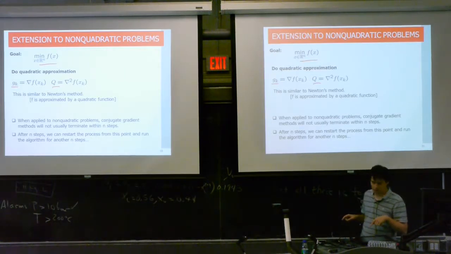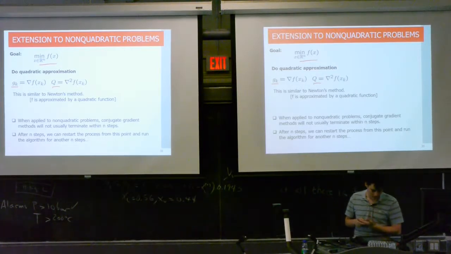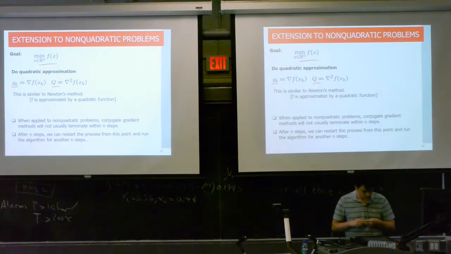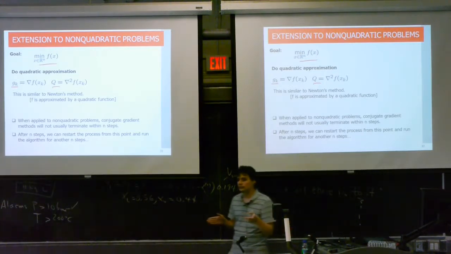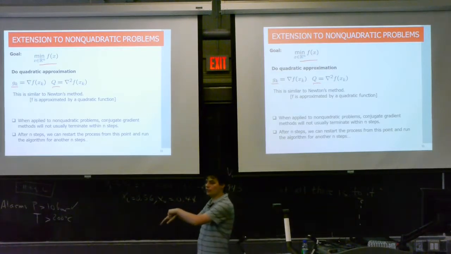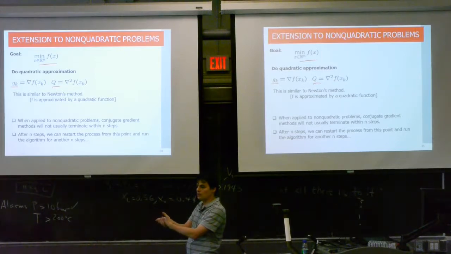So you start from a point x0. You do this pseudocode that we discussed in the last slide for n steps. You generate n conjugate directions. You move to a new point, and you restart the whole process. Why do we restart the process after n steps?